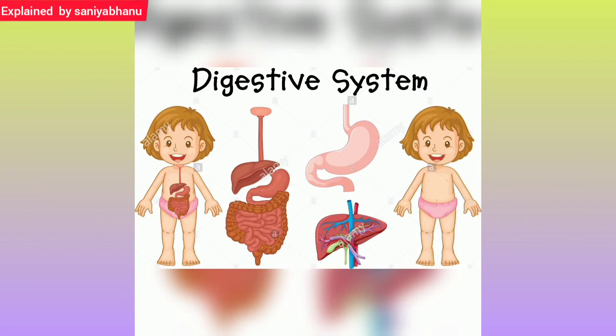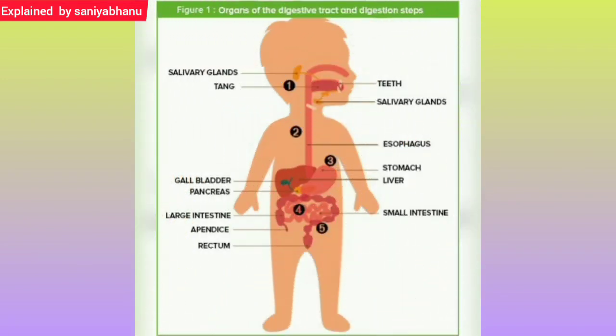Fats are digested by converting them into small globule-like forms by the help of the bile juice secreted from the liver. This process is called as emulsification.